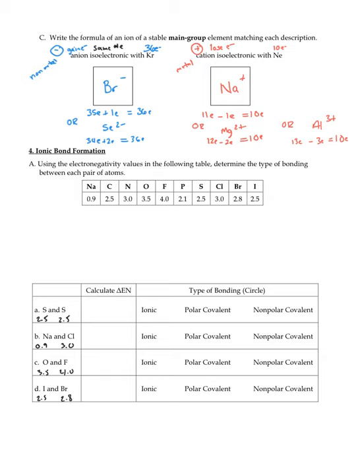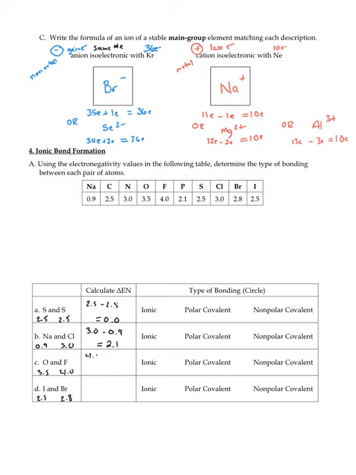And so when you go to take the difference in electronegativity, what you want to do is subtract the two numbers, and you want to do it higher value minus the lower value. And so in the case of sulfur and sulfur, it doesn't matter. They're both 2.5. The difference is 0. In the case of chlorine and sodium, you want to take chlorine's 3.0 and subtract sodium's 0.9 to get a difference of 2.1.